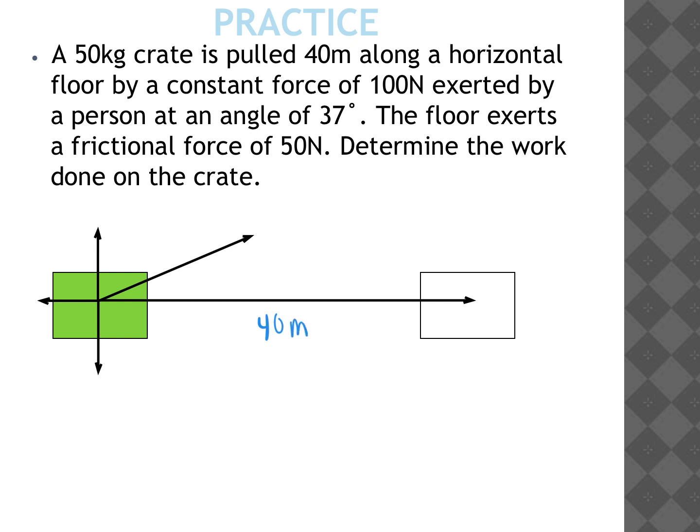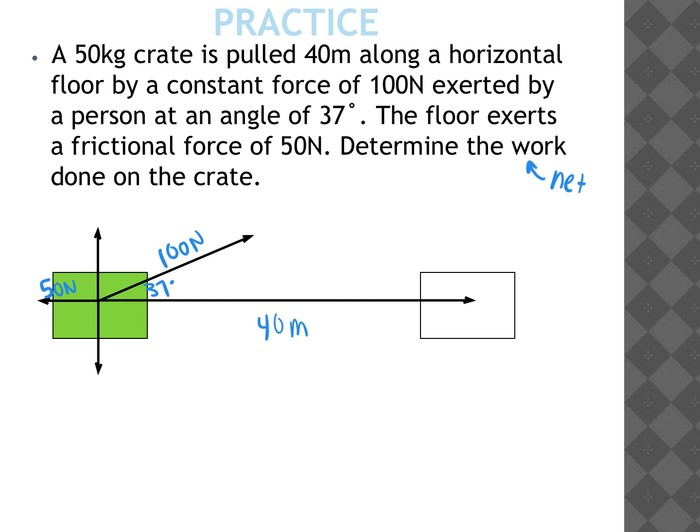We're applying a constant force of 100 newtons at 37 degrees. The floor exerts a frictional force of 50 newtons. Determine the work done on the crate. So I want the net work, okay, because it doesn't say work done by something else. So I want the net work. Will I be focused on the horizontal components or the vertical components here?